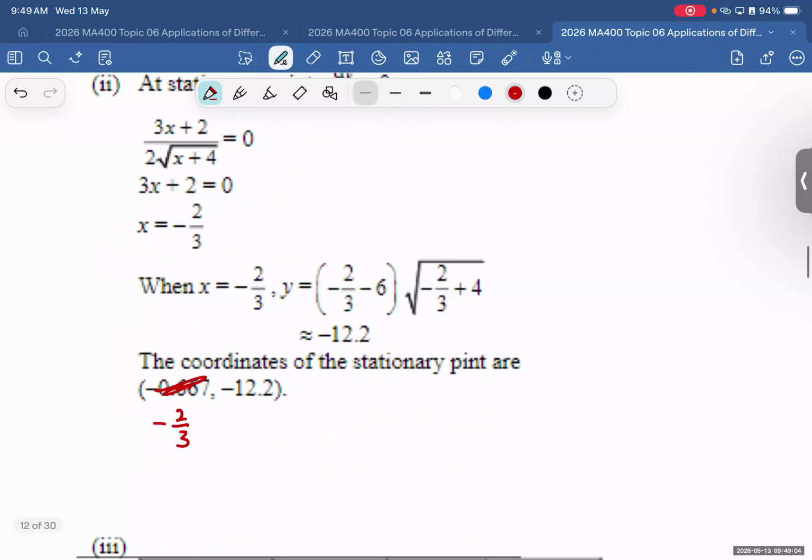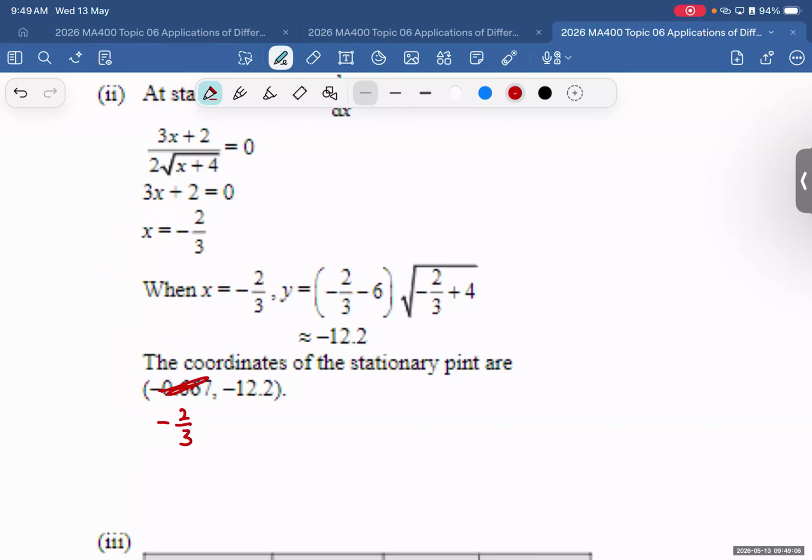I think exact form. Negative 2/3 and negative 20/3 times square root of 10/3. I don't know the entire square root.